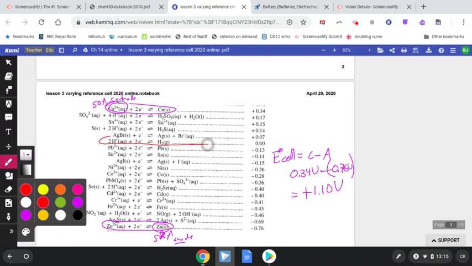Here it is. So the chemists who work on electrochemistry have arbitrarily said, we're going to call hydrogen 0. Anything that is a stronger oxidizing agent than H plus will be positive, and anything that is a weaker oxidizing agent will be negative.